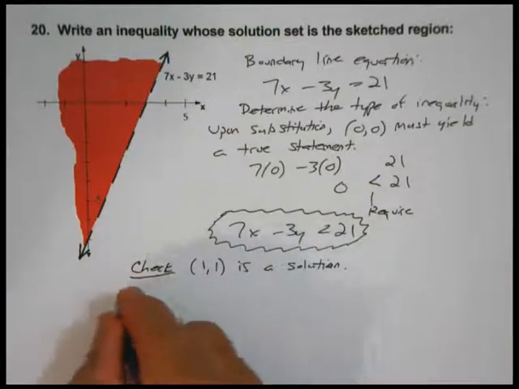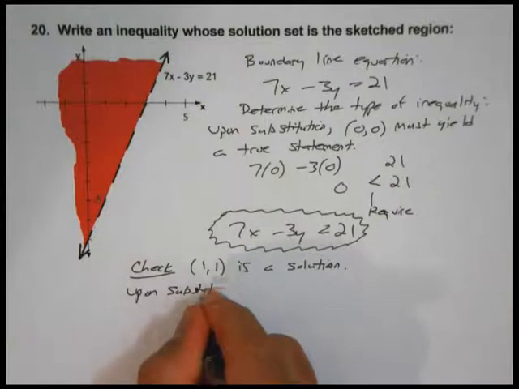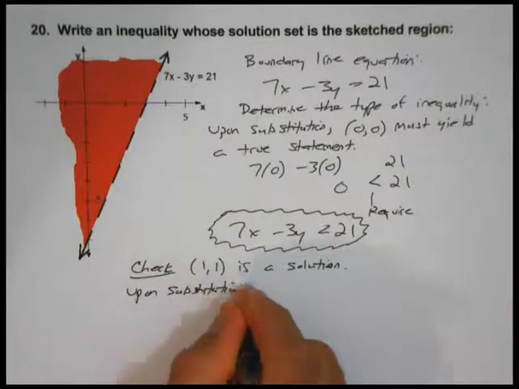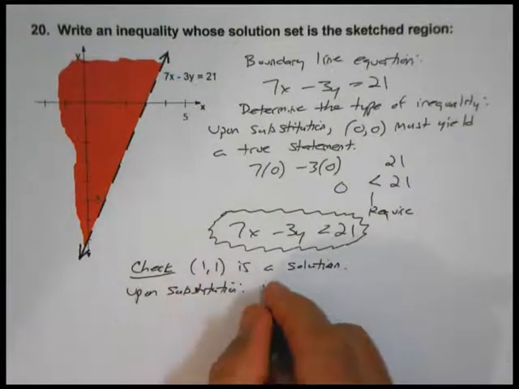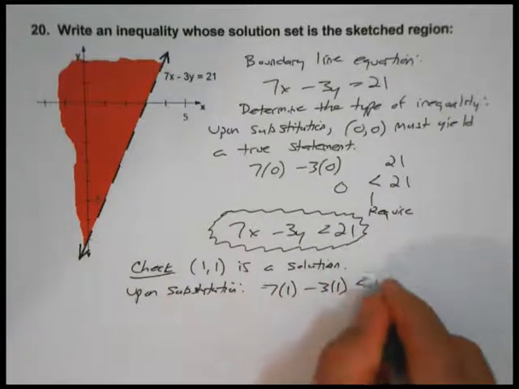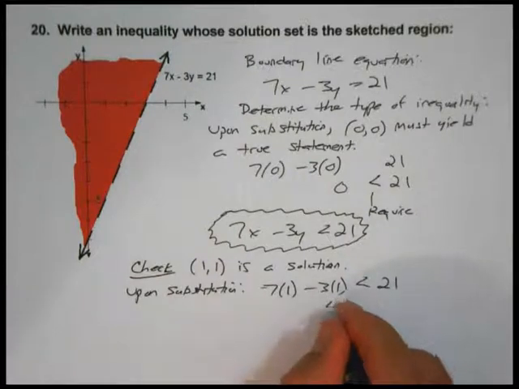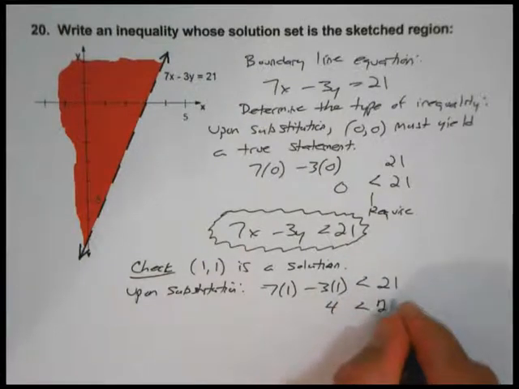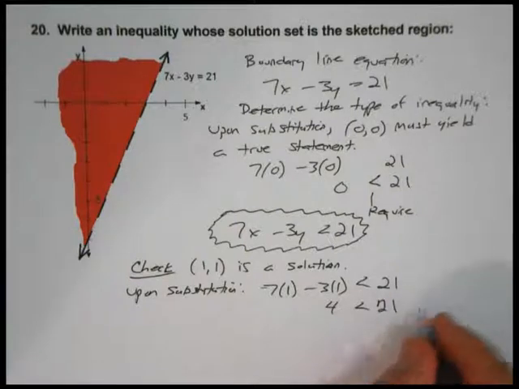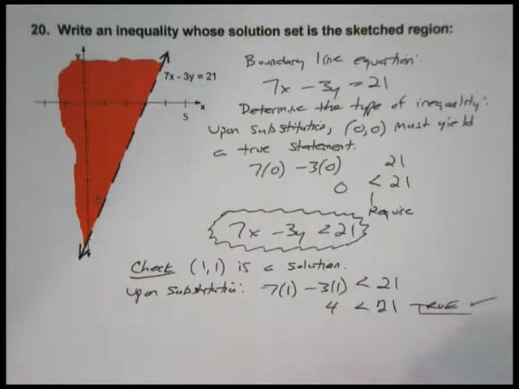Okay, so upon substitution, what would we have? 7 times 1 minus 3 times 1 less than 21. Here's 7 minus 3, that's 4, less than 21. This is true. And that's just what we wanted to have happen since it was a solution. Okay, so this looks pretty good.